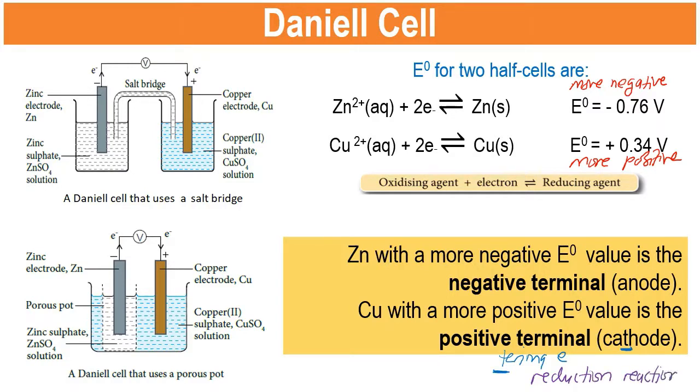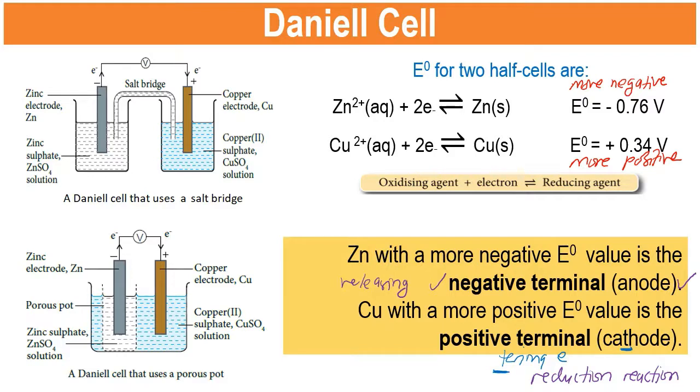So now we have another terminology. The electrode with the E0 value that is more negative will become the negative terminal. Negative terminal is also known as anode because at the negative terminal there is releasing of electrons, while metal with the more positive E0 value will become the positive terminal.